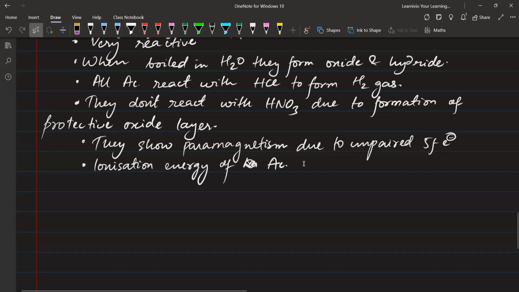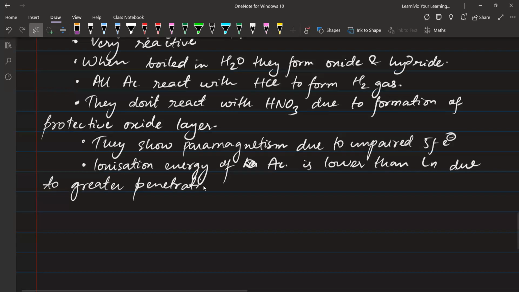Ionization energy of actinides is lower than lanthanides due to greater penetration of 4f electrons than 5f electrons.